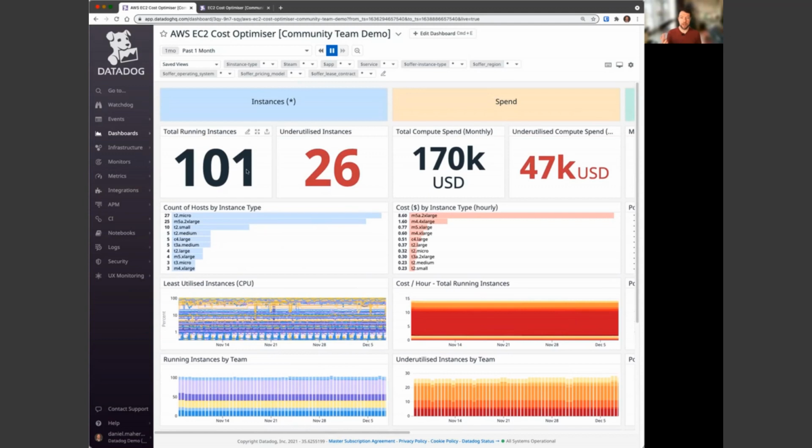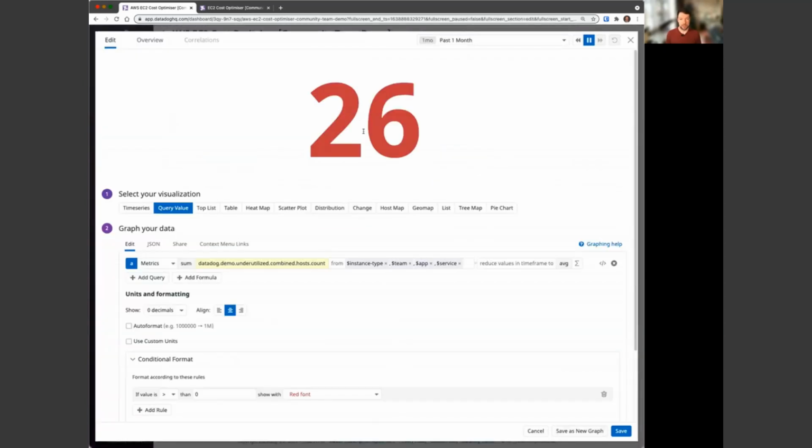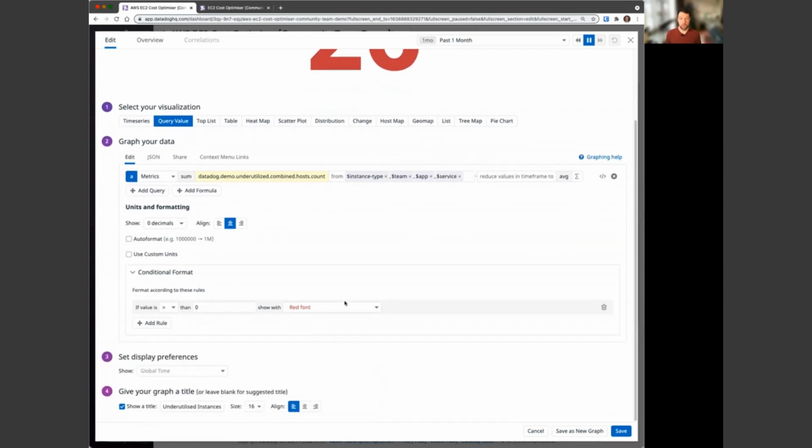So we see 100 instances. We have a bunch of underutilized instances, and we're curious, what does that mean? How are we actually calculating that? We can take a look here, and we happen to have a metric available to us, underutilized combined hosts.